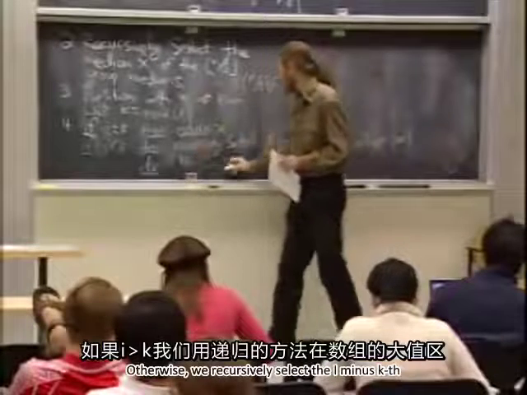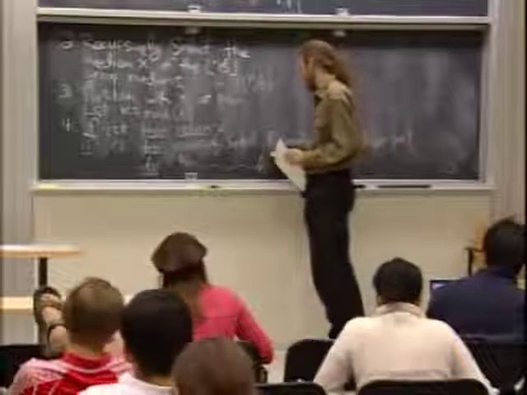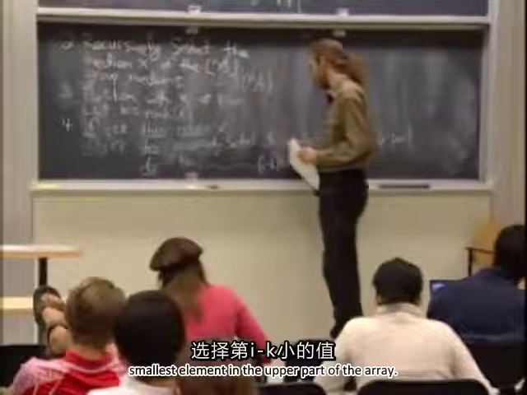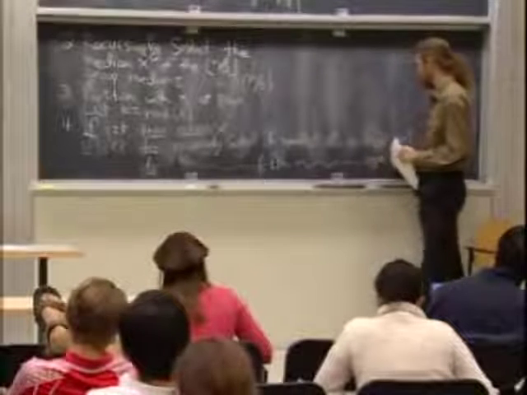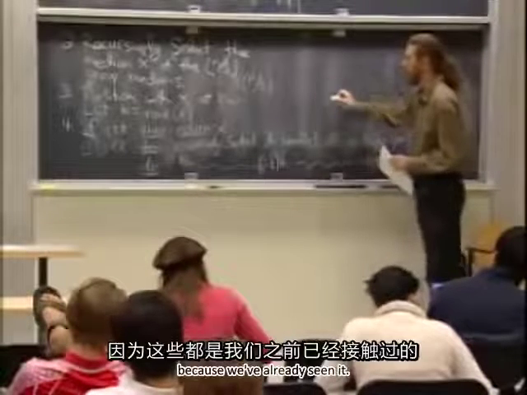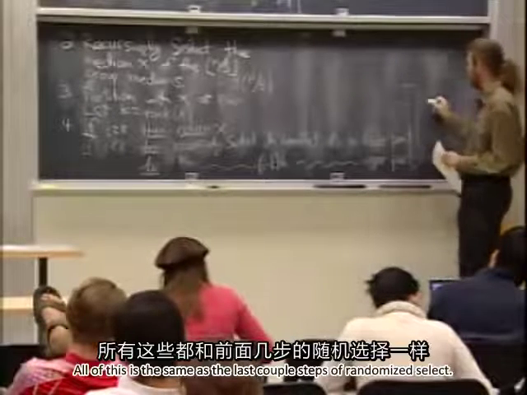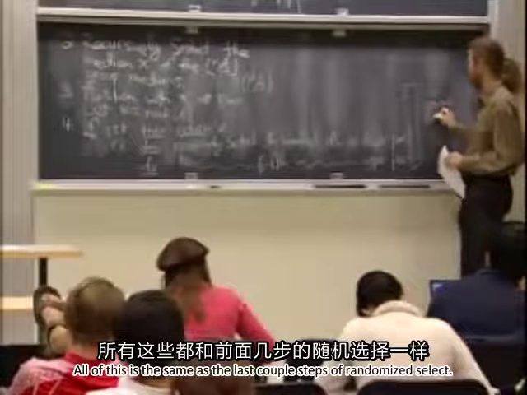And otherwise, we recursively select the i minus kth smallest element in the upper part of the array. Okay, I'm writing this at a high level because we've already seen it. All of this is the same as the last couple steps of randomized select.